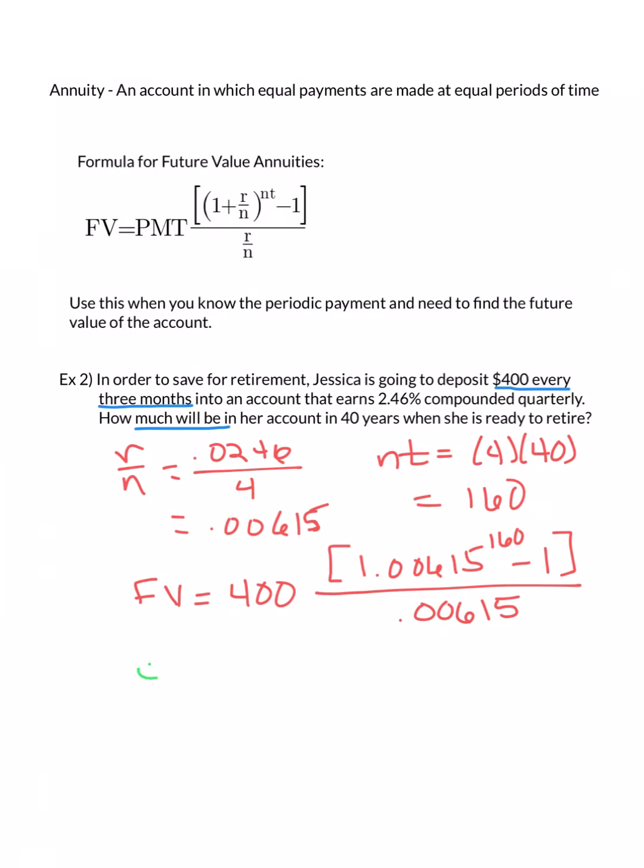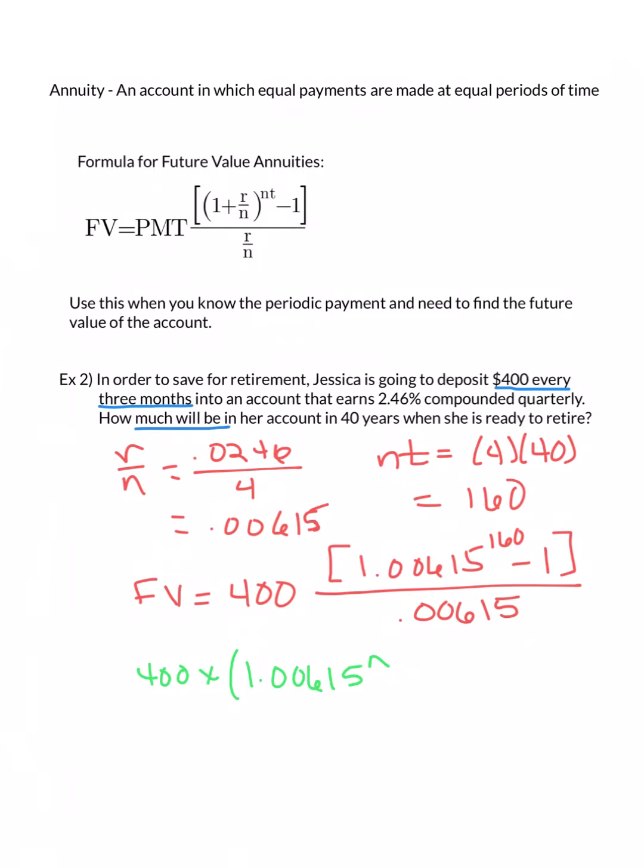Put in your 400 times, there's brackets in the formula. You don't have brackets usually on your calculator. Some do, some don't. So just use the parentheses that's on every calculator. Then put in the entire inside as it's written.